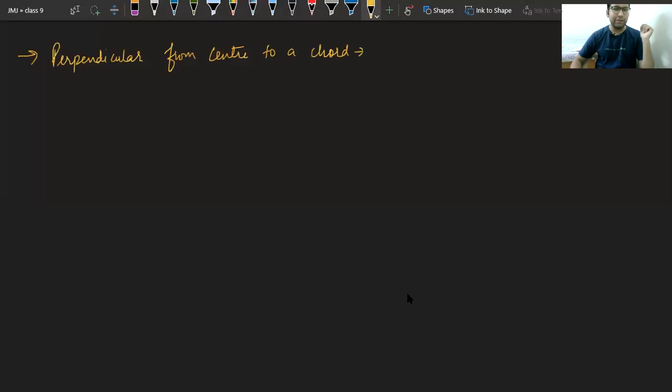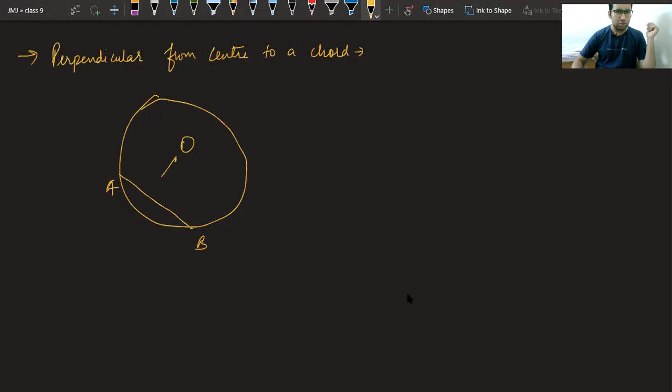It is very interesting. First of all, what do we mean by this? If you have a circle and you have a chord like this, you draw a perpendicular from the center on the chord like this. This is the thing they are talking about. So class, this is known as perpendicular from center to a chord.